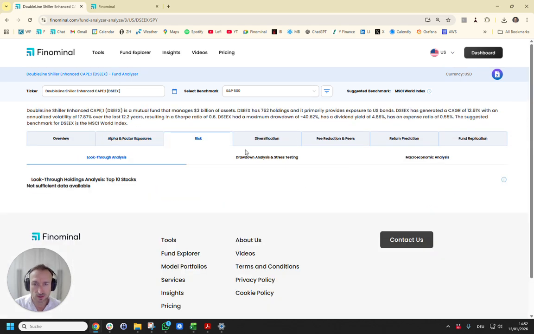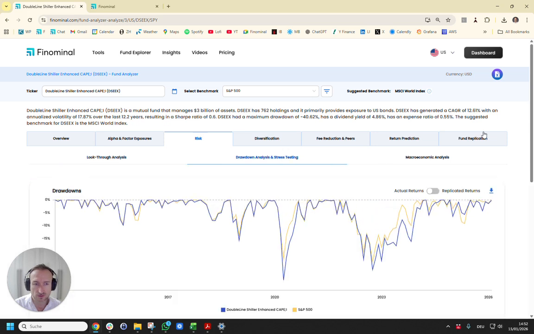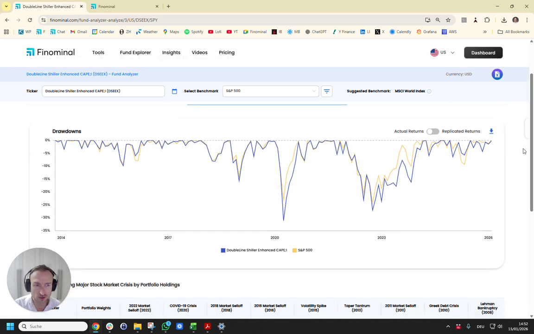Now that's in terms of looking at the portfolio. The other aspect we can do is look at this portfolio from a risk perspective. Now, as mentioned, it's a leverage product that has 100% allocation to fixed income and 100% allocation to equities. And so you could expect, given that these asset classes most of the time are negatively correlated, or at least for the last 10 years, except perhaps in 2022, that the drawdowns of this fund would be less than that of the S&P 500.